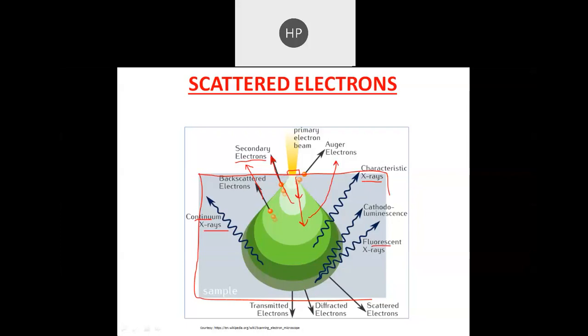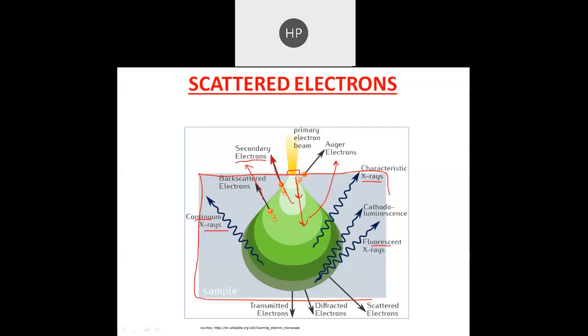Some electrons will directly pass through the sample without affecting any of the electrons. This is how the electrons are scattered through the specimen, and from that we are able to get the various signals.